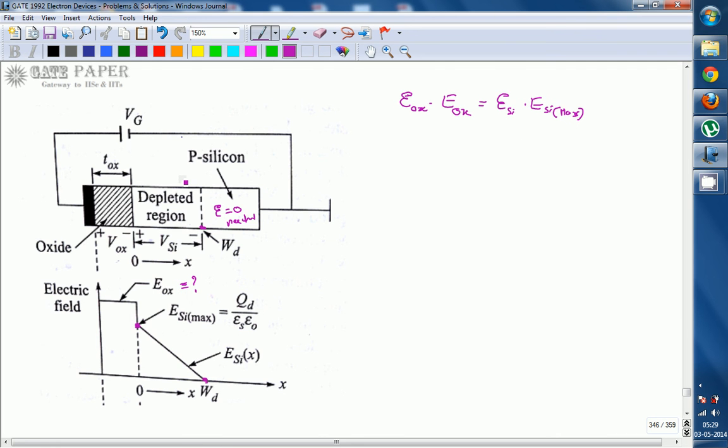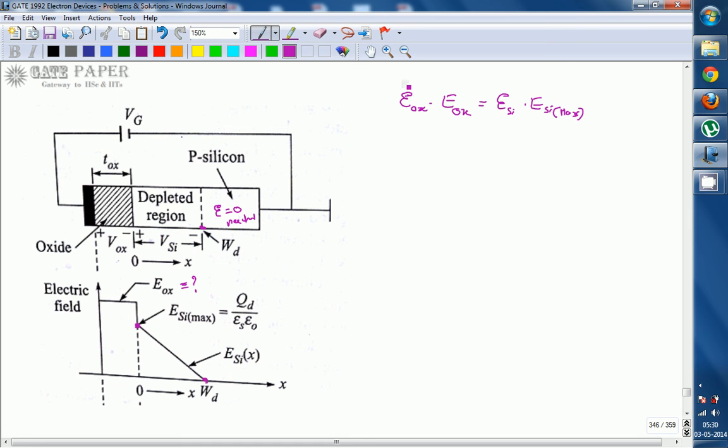At the silicon and silicon dioxide interface the flux lines are continuous, so exactly at that interface the product of permittivity and electric field is the same for oxide and silicon. So here we go with E_Si maximum.